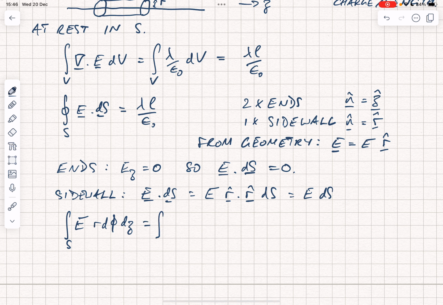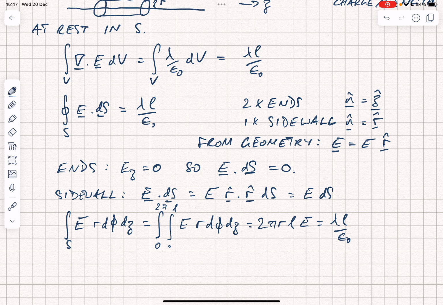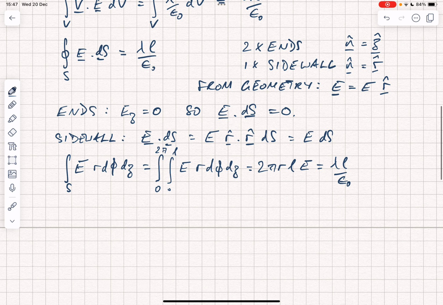So phi goes from 0 to 2 pi, z goes from 0 to L, and here's our E multiplied by r d phi dz, and that is just 2 pi r L E, which must equal lambda L over epsilon naught. And you'll notice I said that the L's will cancel, and they do.